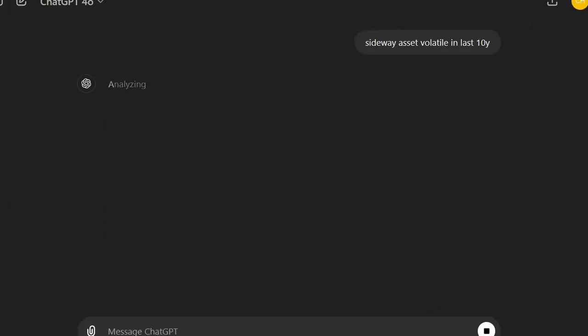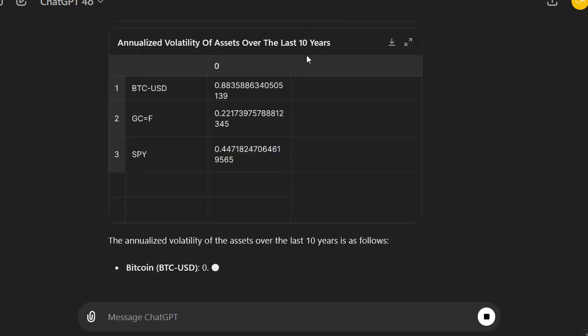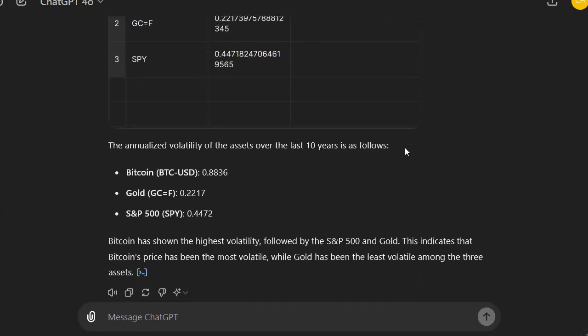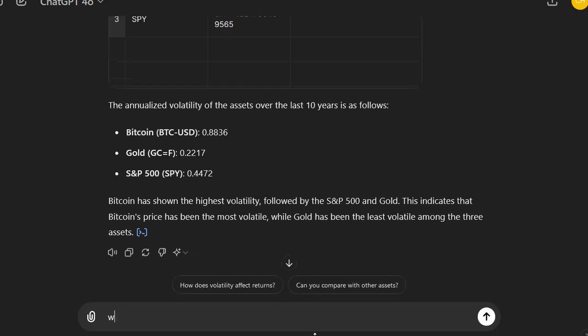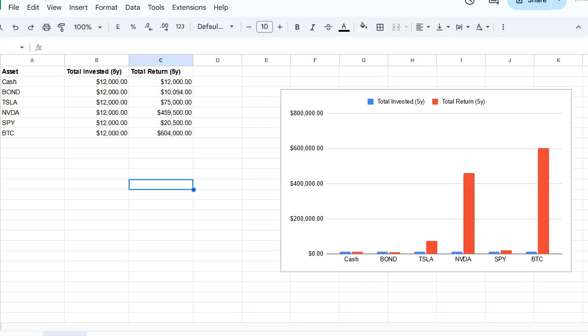So it still tries to understand the question. Let me think, what asset went sideways for 10 years? It was also very volatile. I don't know, maybe gold or something. Maybe real estate. No, real estate probably went up.